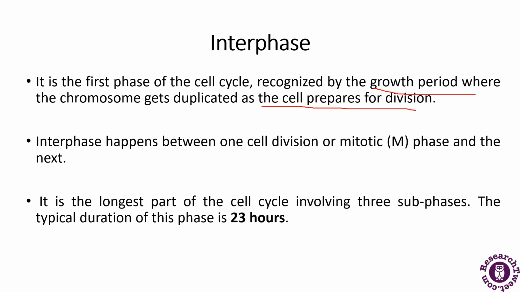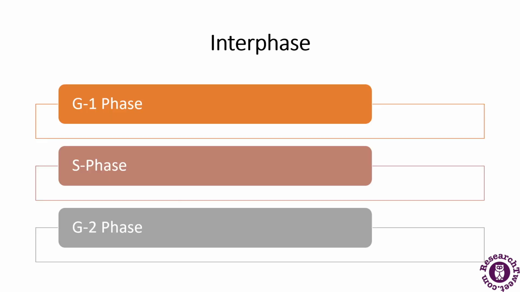We will be depicting it through the diagram also: interphase happens between one cell division or mitotic phase and the next. It lasts for about 23 hours. It is one of the longest parts of the cell cycle because it further involves three subphases, and this is the longest and most active cycle.